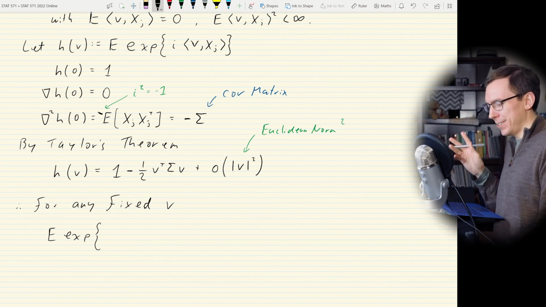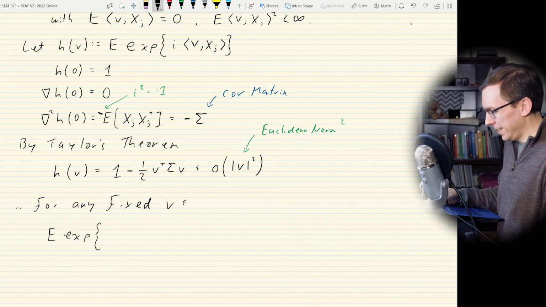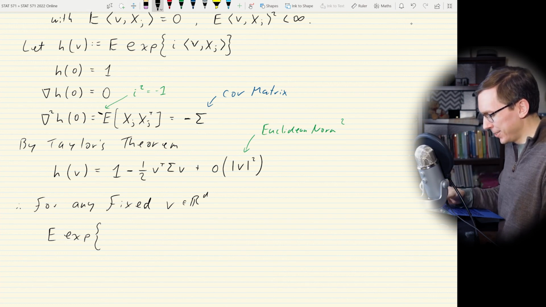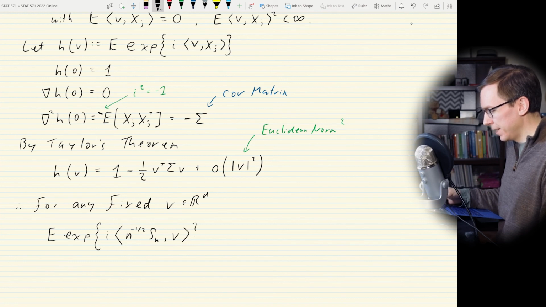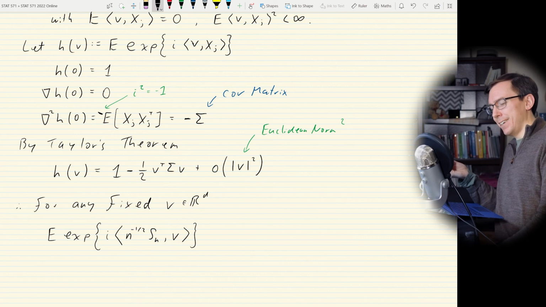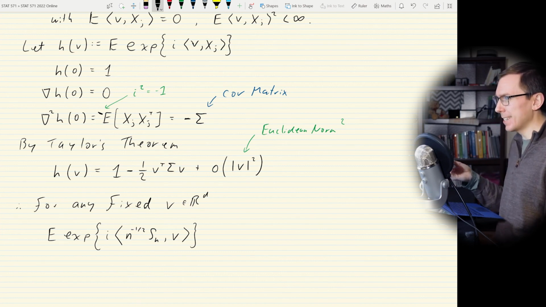So for any fixed vector v in R^d, we have that the expected value of the exponential of i times the inner product of n to the -1/2 S_n with v, for fixed v. Well, if I add up a bunch of exponents, I'm just multiplying these things together.